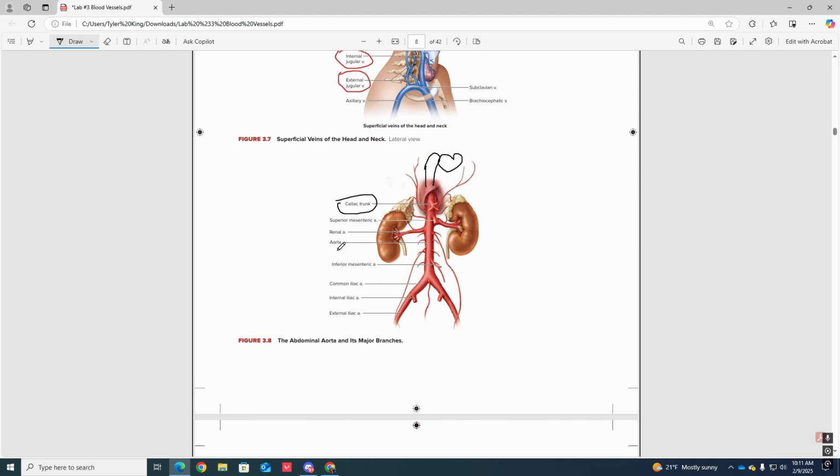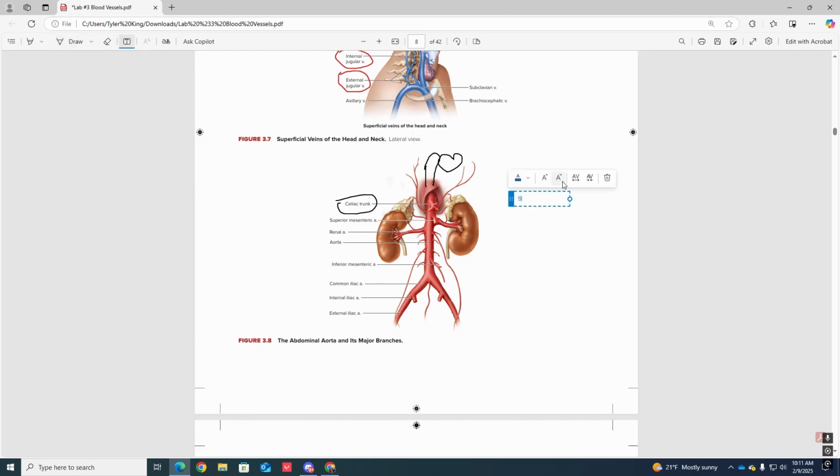Let's see if I can write this out. Superior mesenteric. What this guy is going to be supplying is the small intestine. I can remember this guy because of the S: superior, small intestine.